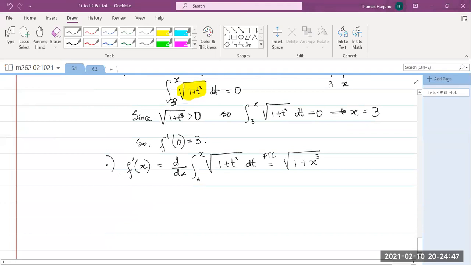Using these two, we can go on: the derivative of the inverse function at 0 will be 1 over the derivative of the function at the inverse of 0. This is 1 over f prime of 3.